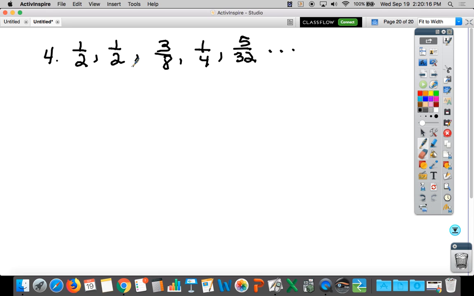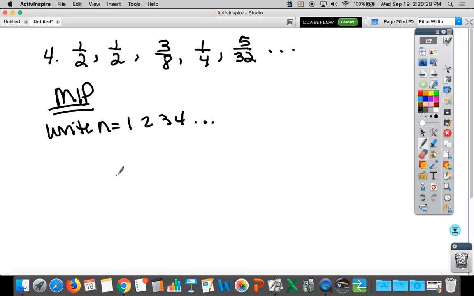So, the first most important point, write these down. Write your n equals 1, 2, 3, 4, dot, dot, dot.